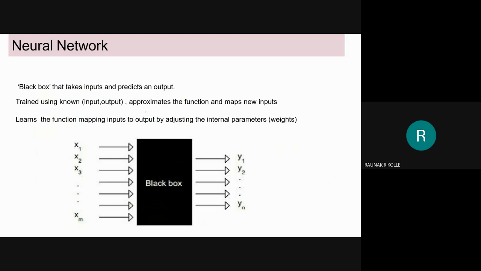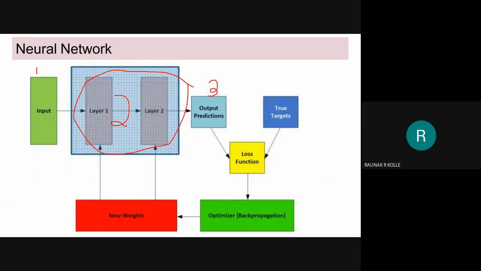The black box that takes the input and predicts an output. The box that takes in the input and predicts the output is known as the black box. It is trained using known input and known output. So in the previous diagram, we can see that there's a value called the true target. This true target refers to the expected output. The true target and the predicted output combine to form the loss function.